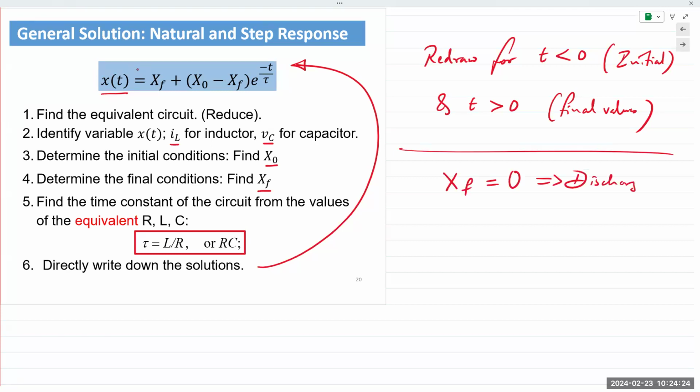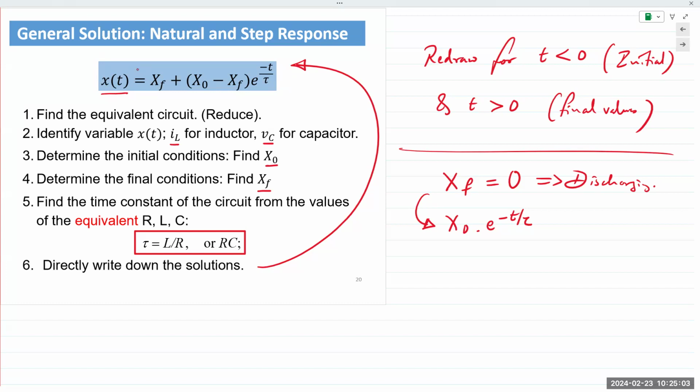You automatically eliminate that term, and your equation simply becomes x0 times e raised to minus t over tau, which is the exact same equation that we obtained for the first 2 natural response circuits. Make sense? That's why this equation works for all 4 circuits, because we take into account the initial values as well as the final values.